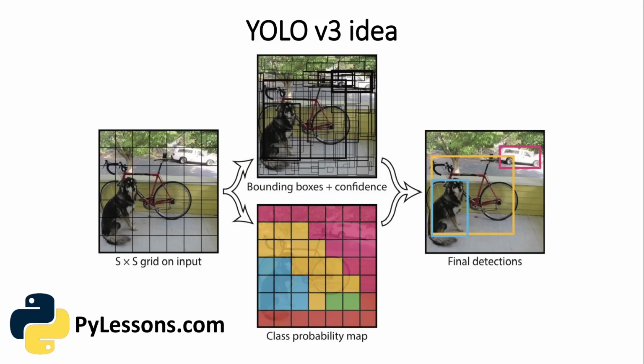The bounding box contains 4 values: x, y, w, h, where x, y represents the center of the box and w, h represents the width and height of the box. Confidence indicates the probability of containing an object in the predicted box, which is actually the IoU value between the predicted box and the real box.